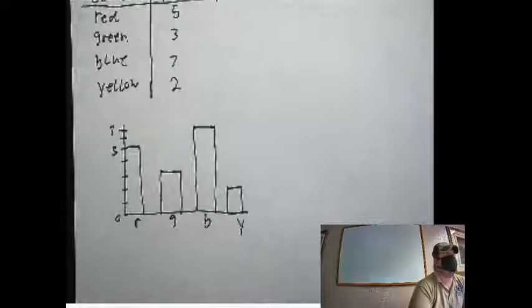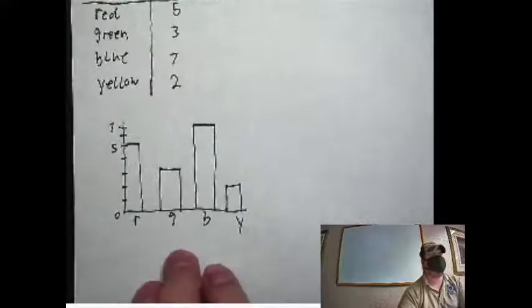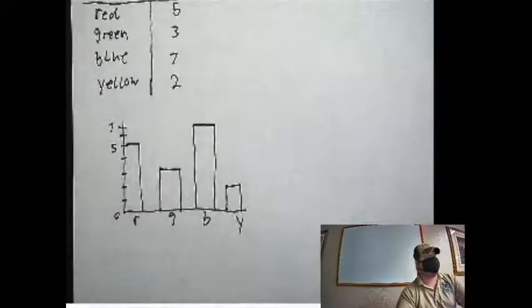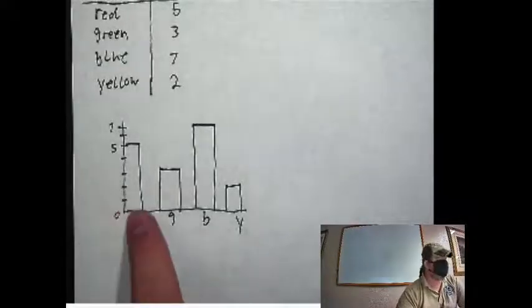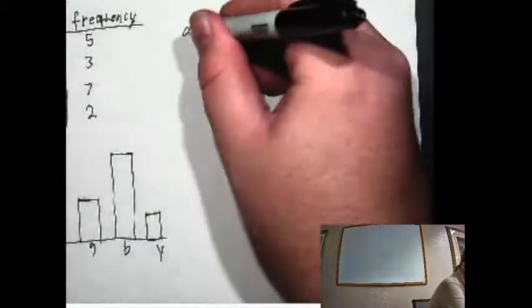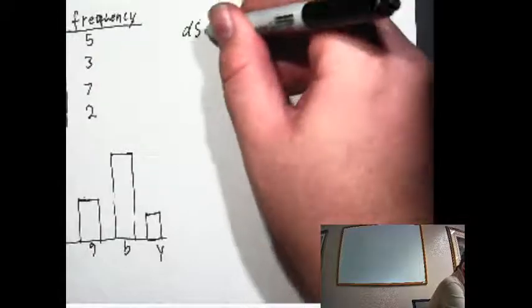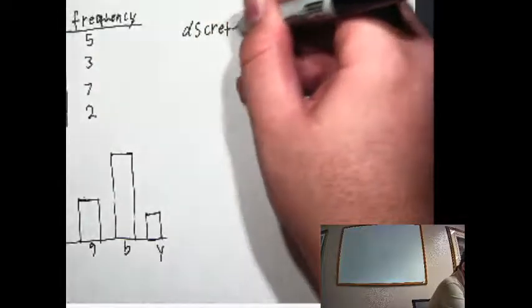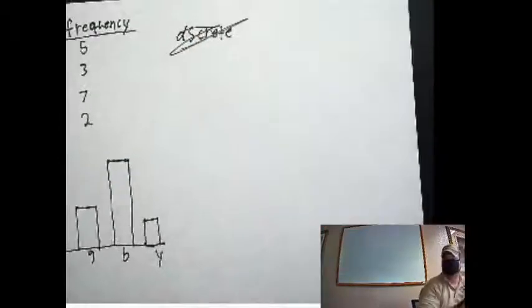So the first thing I want you to notice that we're going to see is a little bit different with quantitative data, is that these are discrete. So there's an idea here, discrete versus continuous. That is not how you spell discrete at all.